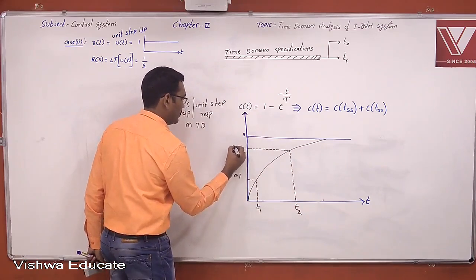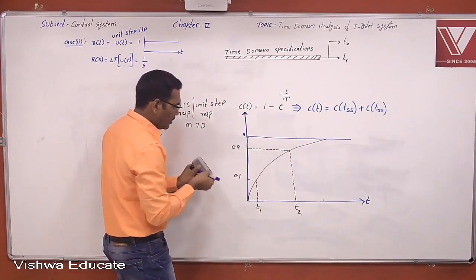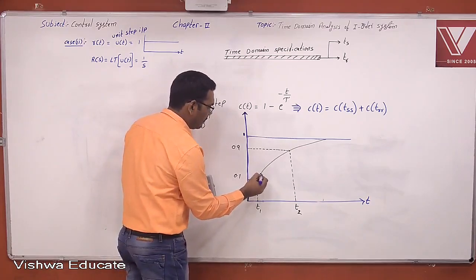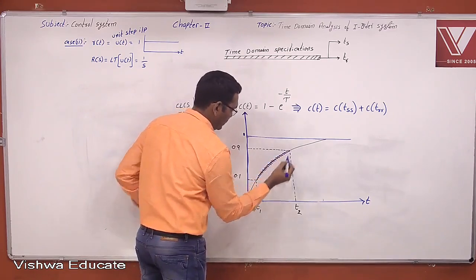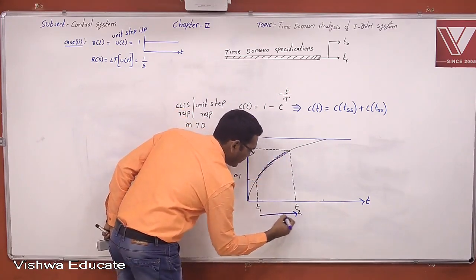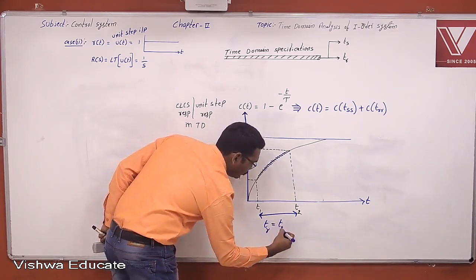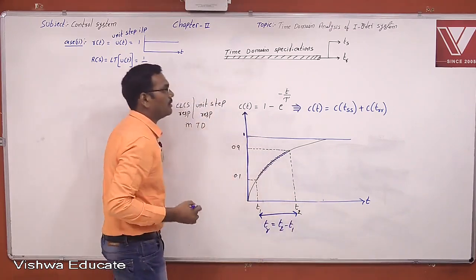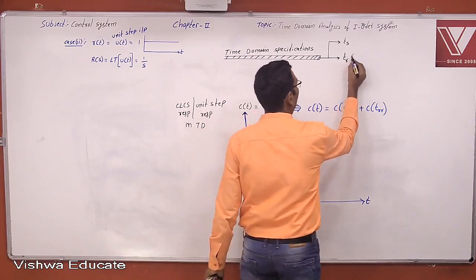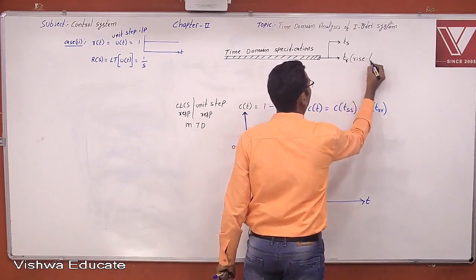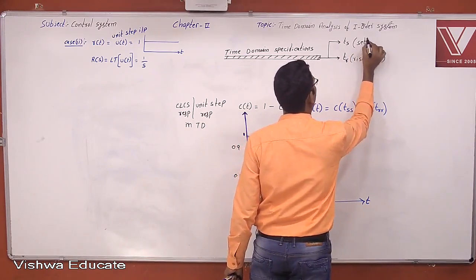The time taken by the response to rise from 10% to 90% is called the rise time TR, which is equal to T2 minus T1. Now this is the rise time TR, and this is the settling time.